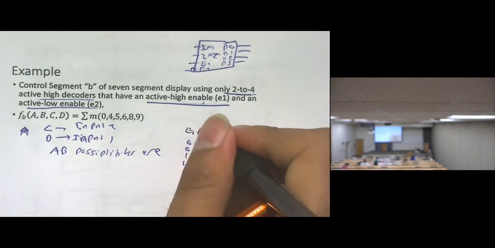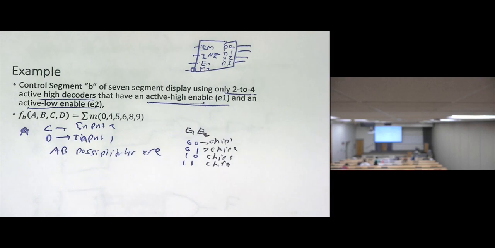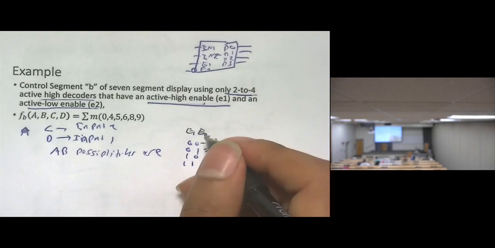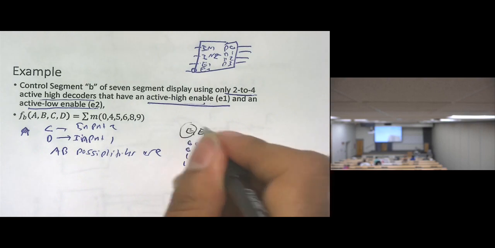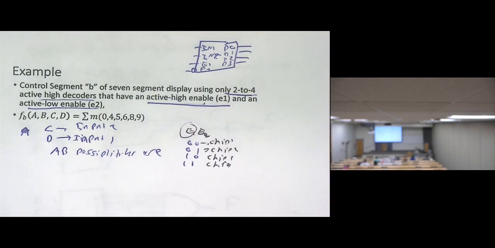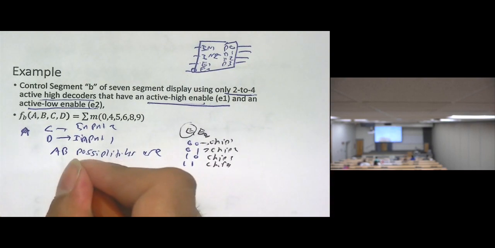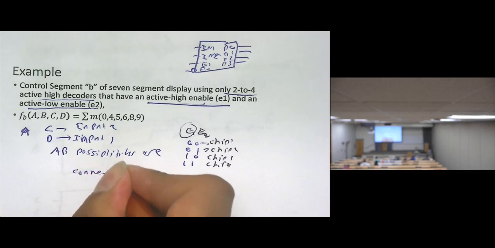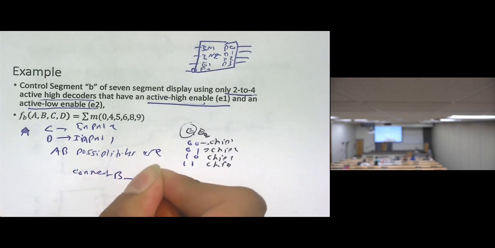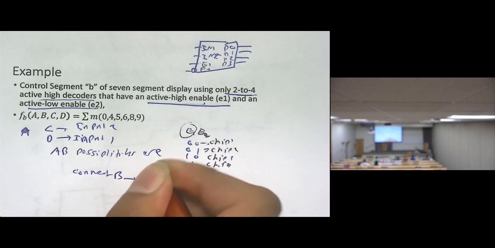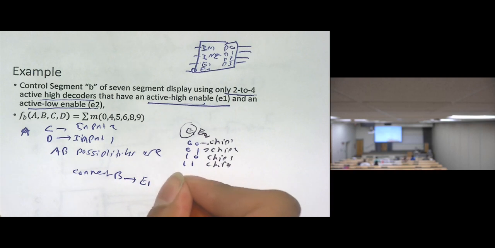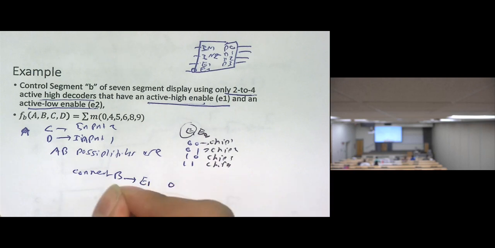Then let's figure out what E1 and E2 are. One is active high, this one is active low. So we will want to connect B to E1, and here connect A to E2.